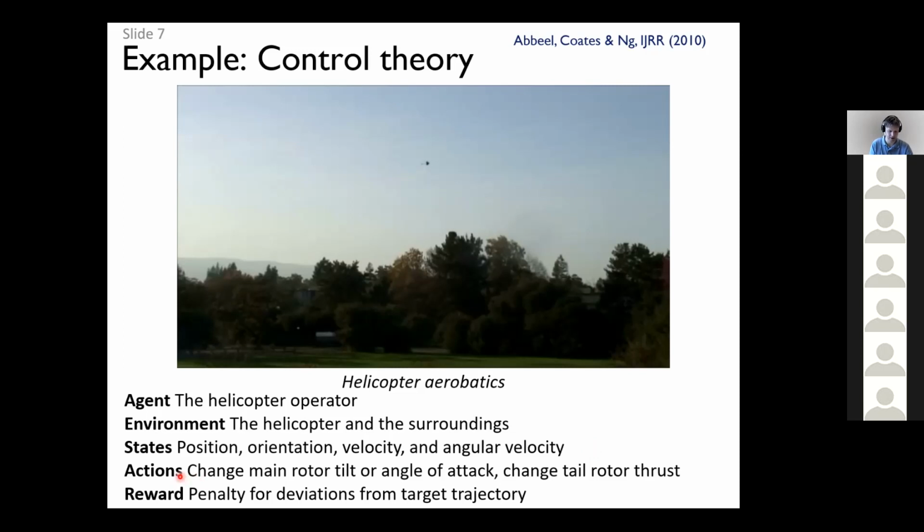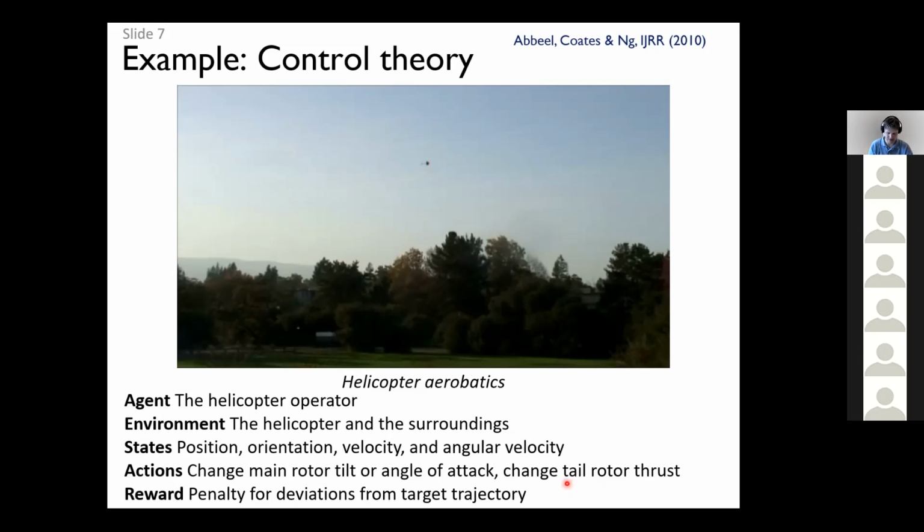And the pilot or driver can change the main rotor tilt to move the helicopter either forward and backward or sideways. It can change the attack angle of the main rotor to make it go up or down, as with the same rotation speed, you get a larger or smaller cross section with the air.